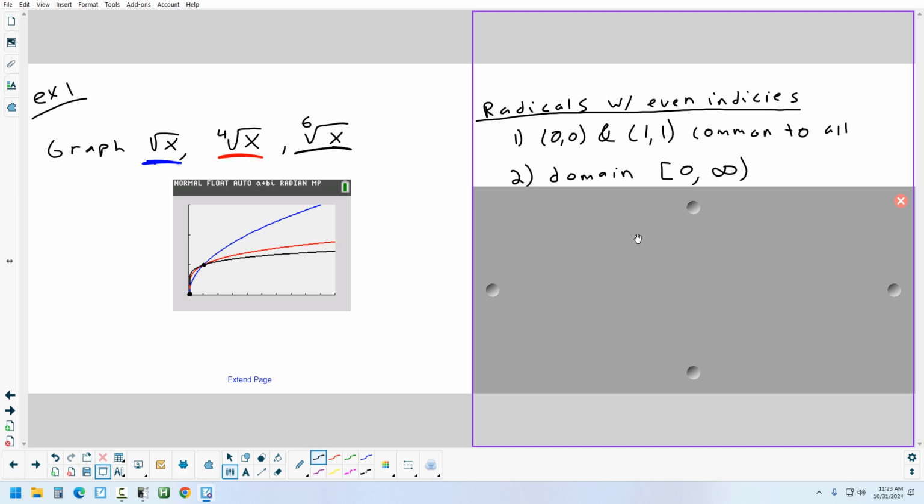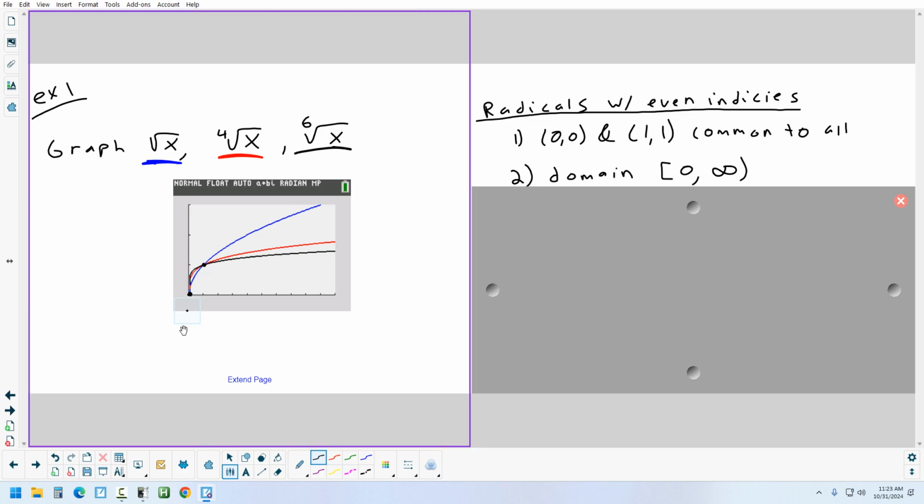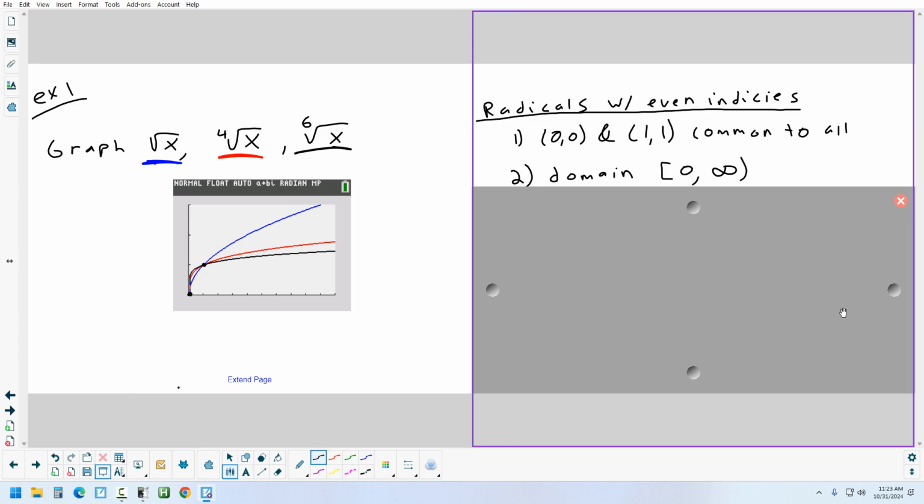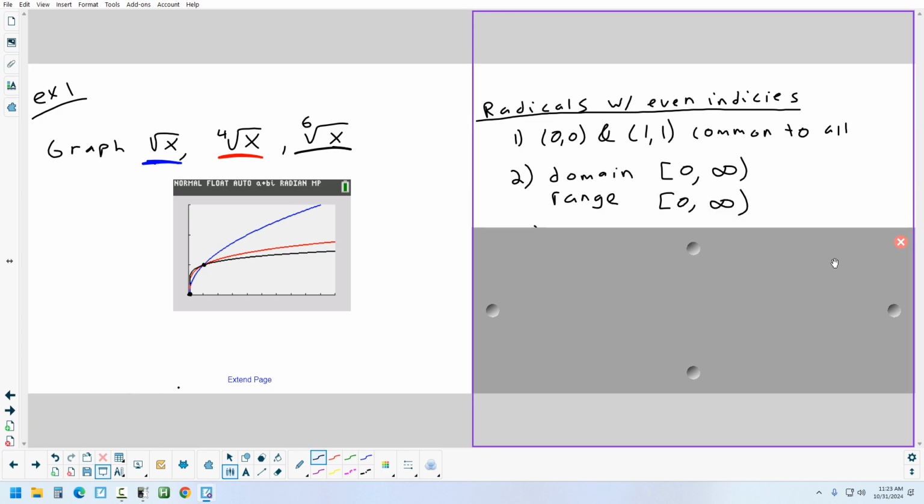So remember when we zoomed out, did the blue one keep going down? No. The blue, the red, and the black, they didn't keep going down forever. What was the lowest that they all went? 0. They didn't go any lower than 0.